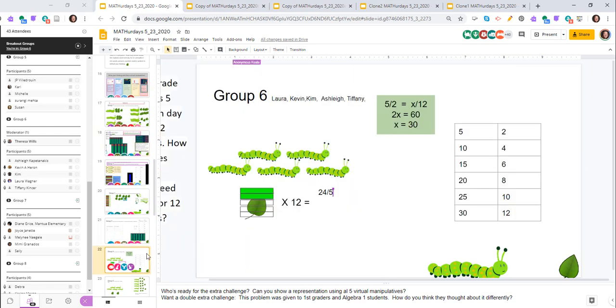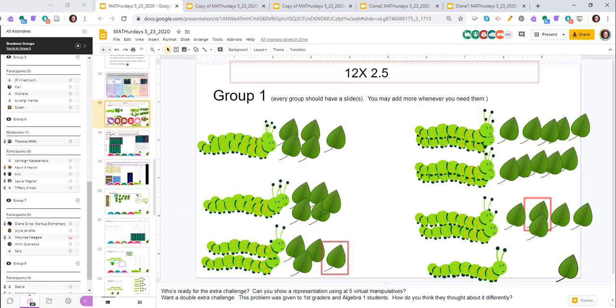So didn't we find that it takes 12 leaves to feed 30 caterpillars? Other way around, I think, because it takes 5 leaves. 5 leaves. Okay. Yep. That's because I made a picture with 5 caterpillars and 2 leaves, so that threw me off. Okay. You guys are right. Sorry.